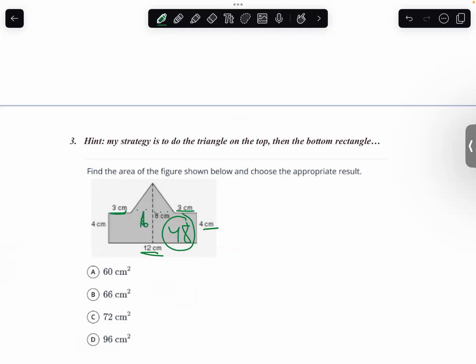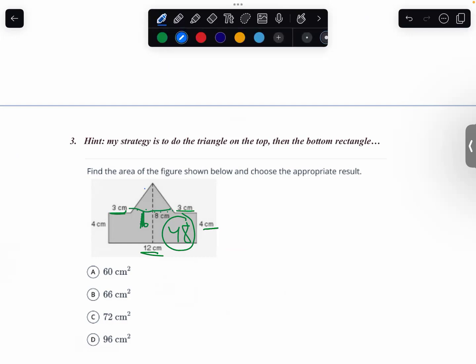Because the whole thing has to add up to 12. So 6 plus 3 is 9, and 9 plus 3 is 12. Now, this is the 6 right there. Then the other thing we've got to figure out here is how tall is this? Well, if this whole thing is 8 and this is 4, that means this part right here has to be 4, because 4 plus 4 is 8.